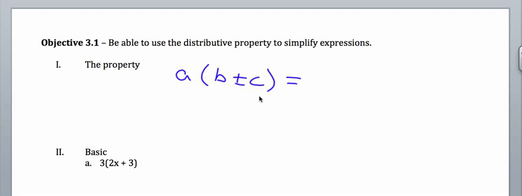But suppose for some reason we wanted to bypass the order of operations, maybe to make our expression look a little better, or turn it into a form that we could solve if we're using it to solve an equation. The way that we can do that is by distributing the multiplication to both terms inside the parentheses. We keep that addition or subtraction symbol the same, and we multiply a by both terms that were inside of the parentheses.